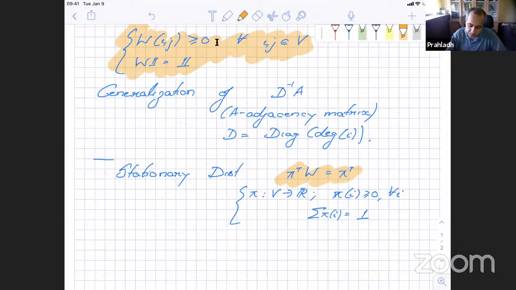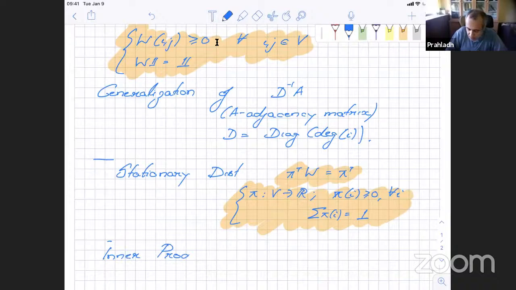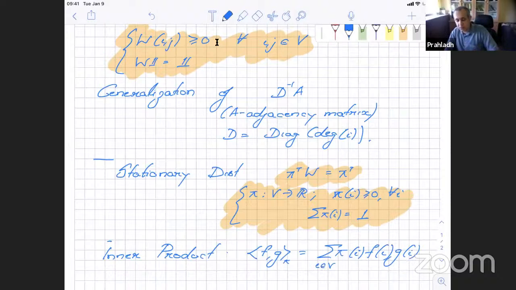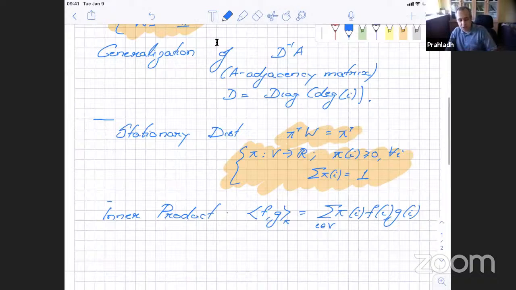Then we associated an inner product. We defined the inner product of F and G under pi to be summation over i of pi i F i G i. We equipped the space with this inner product, a generalization of the natural inner product.